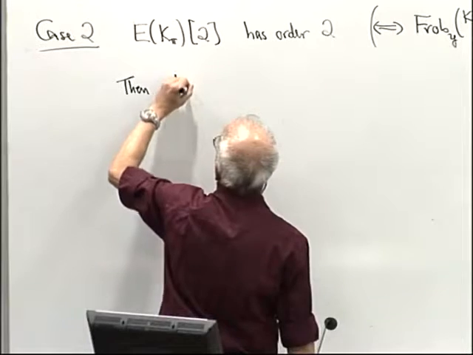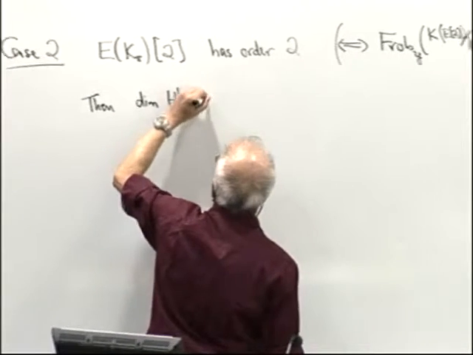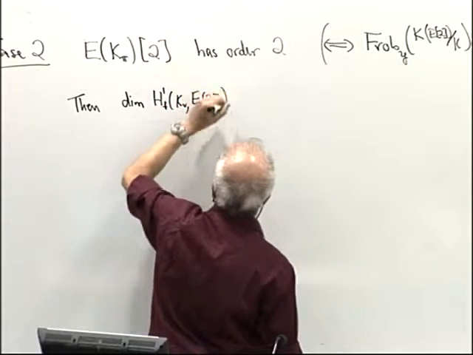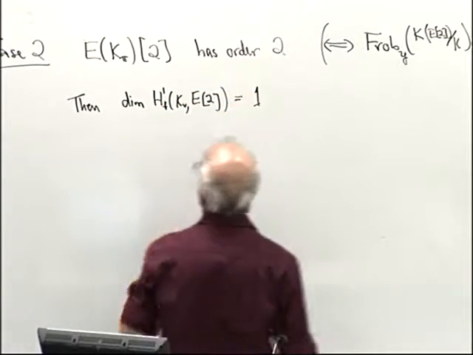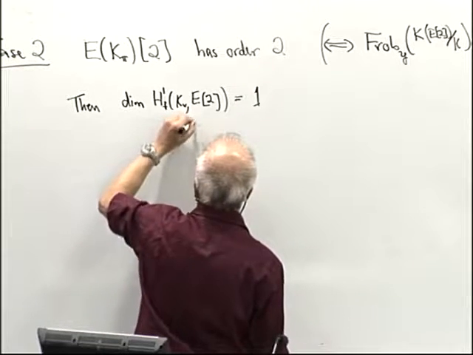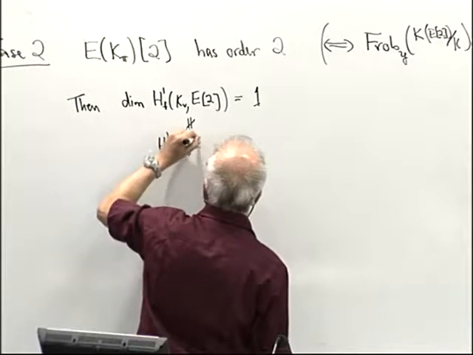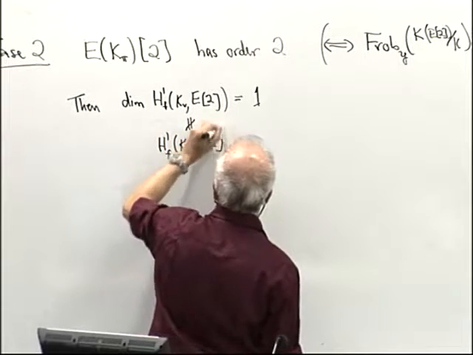The dimension of H^1_F(K_v, E[2]) is 1, and similarly for E^F, and they're different. So something is going to change here.